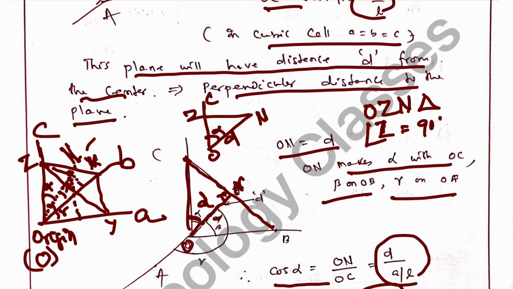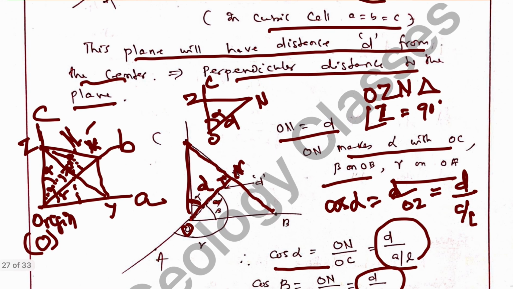So cos alpha will be D by OZ. OZ is the intercept along C. So this will be D by C by L, C by L. Similarly, we can get cos beta.